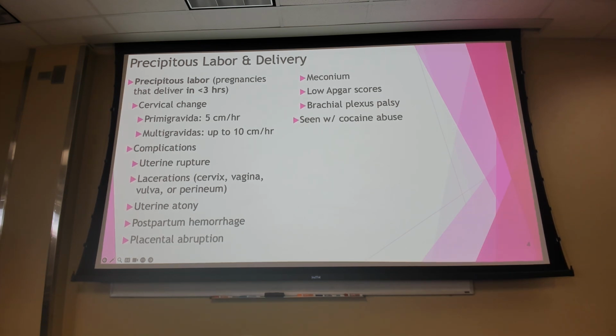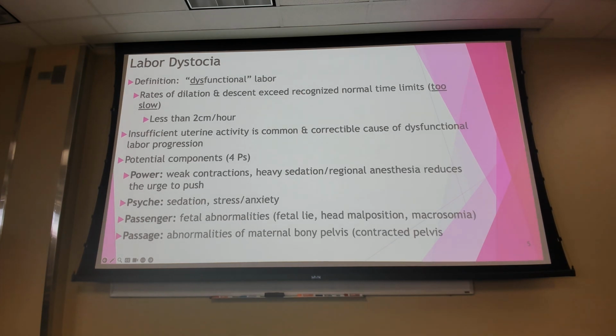We can have brachial plexus injuries associated with this as well. We don't really know exactly why some women will have precipitous labor, but cocaine, once again, rears its head as one of the more common causes. We like cocaine, so we talk about cocaine all the time, but not in the military, outside of it.